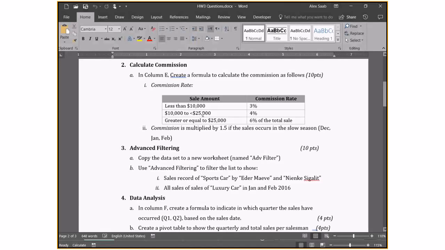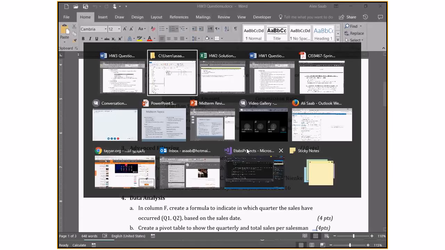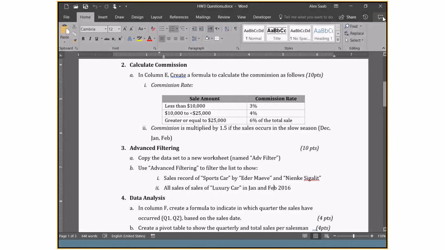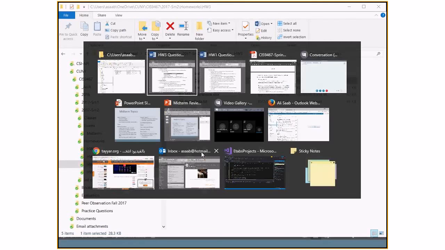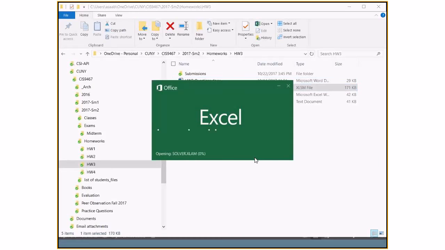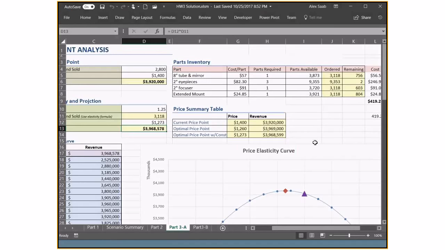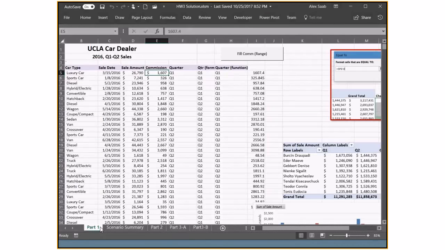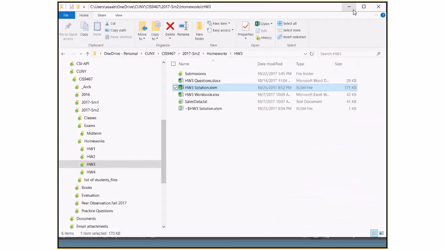Oh, the data. Let me close this. Homework 2 solution. Homework 3 questions. Okay, I think I'm missing this here. Okay, seems I messed up. Okay, we'll do it.